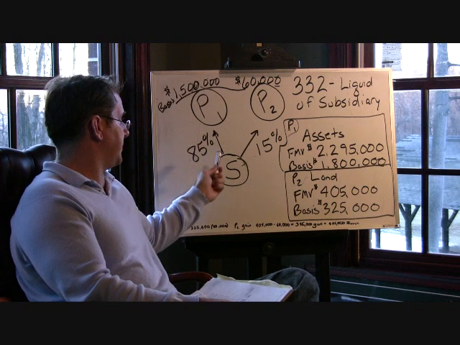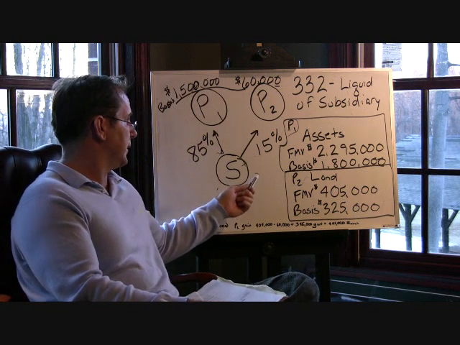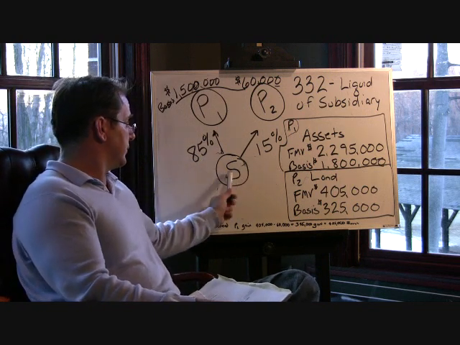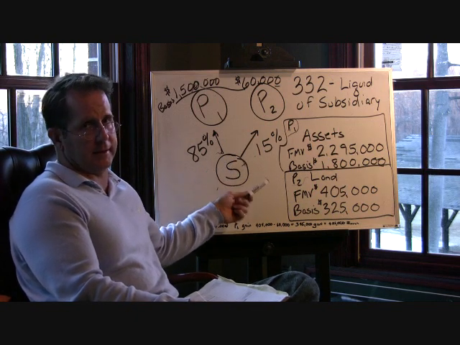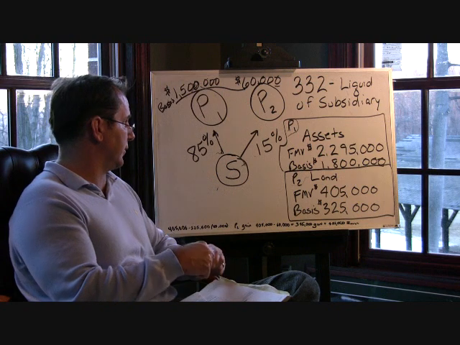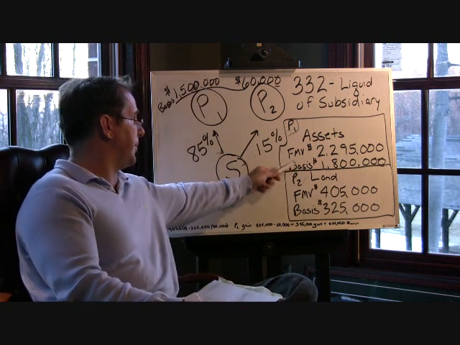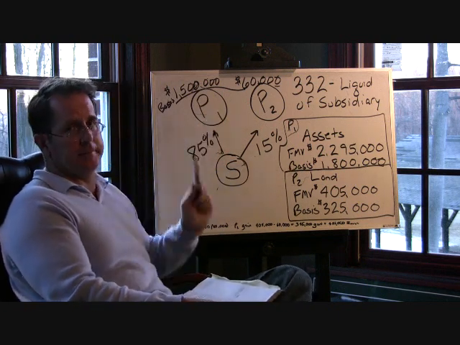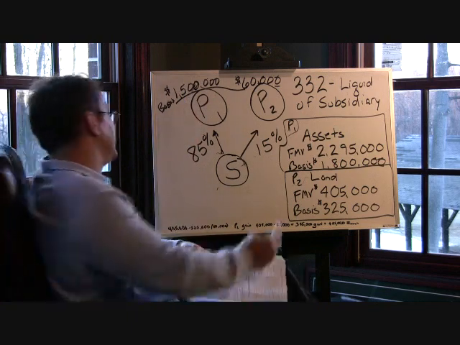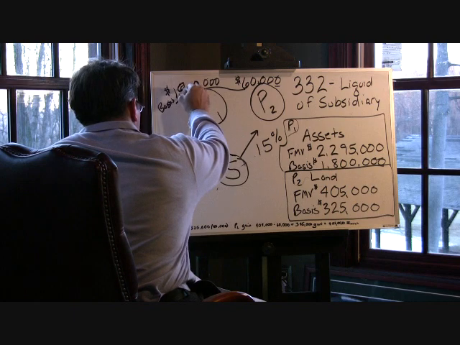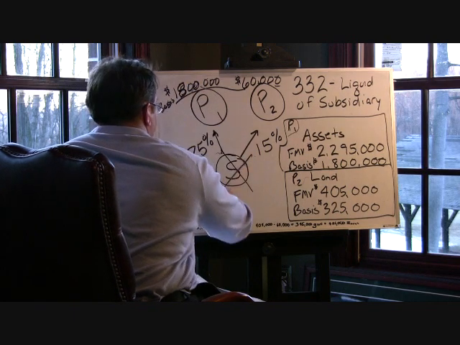It owns more than 80%, it owns 85%. In fact, the subsidiary is solvent, and there is going to be a plan of liquidation, and the stock is going to be canceled. As a result, the basis will carry over to P1, and its prior basis of $1.5 million will change to $1.8 million, and the subsidiary is gone.